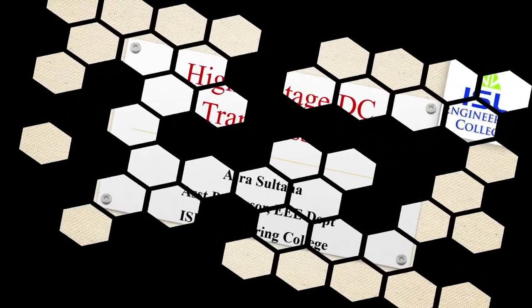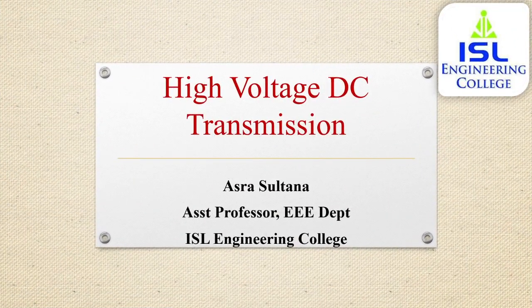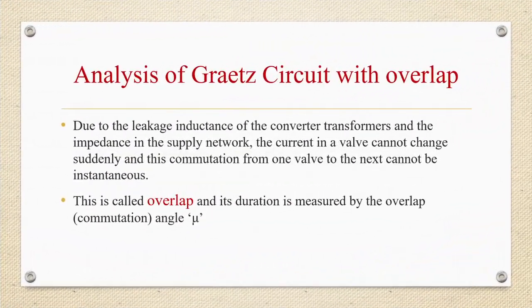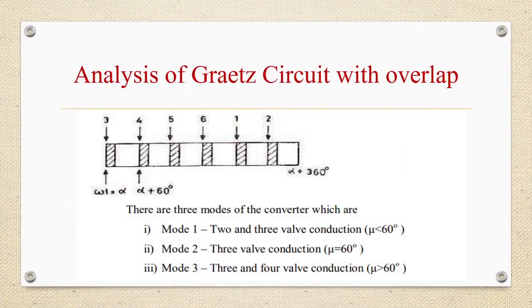Mode 1, 2 and 3 valve conductions will be there, and U or mu is less than 60 degrees. And mode 2, 3 valve conduction will take place, mu is equal to 60 degrees. And mode 3, 3 and 4 valve conduction will take place, mu is greater than 60 degrees. So we have seen 2 and 3 valve conduction and 3 and 4 valve conduction. Mode 1 and mode 3 we have seen in today's class.